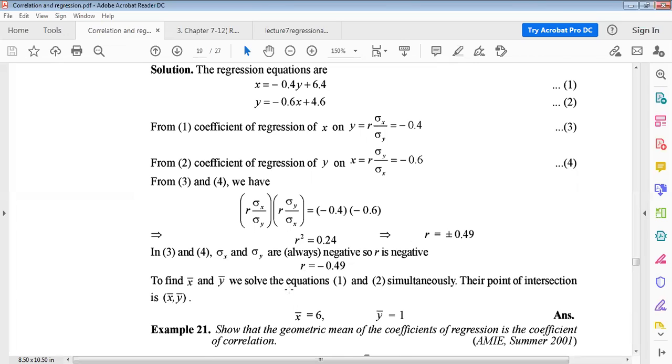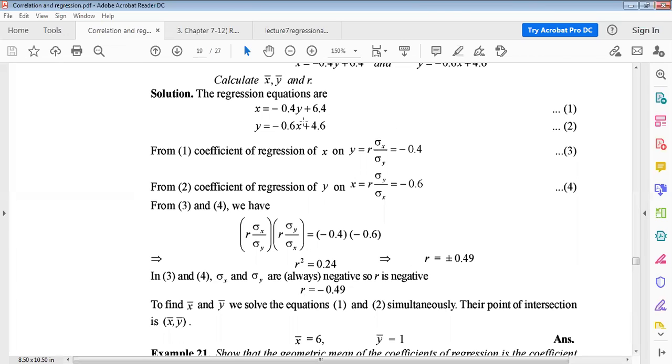To find out x bar and y bar, we have to solve equations 1 and 2 by the cross multiplication method, making it in x bar and y bar. Then solving by cross multiplication method, we get, as in the previous example, x bar equals to 6, y bar equals to 1.